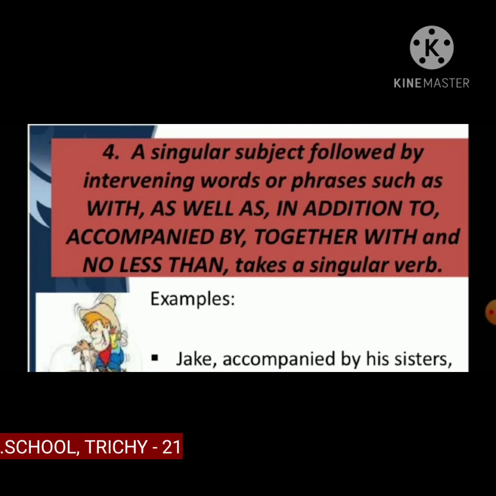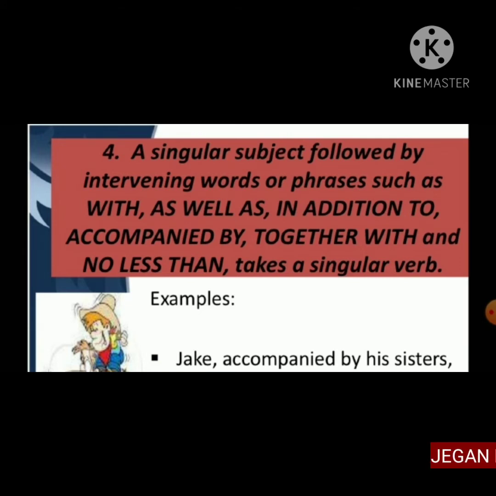Fourth one: a singular subject followed by intervening words or phrases such as with, as well as, in addition to, accompanied by, together with, and no less than, takes a singular verb.